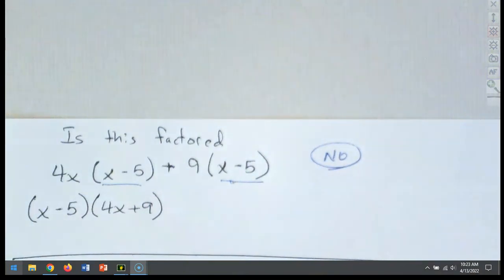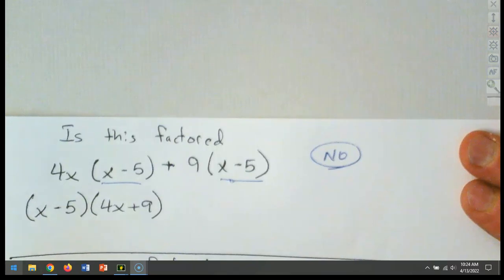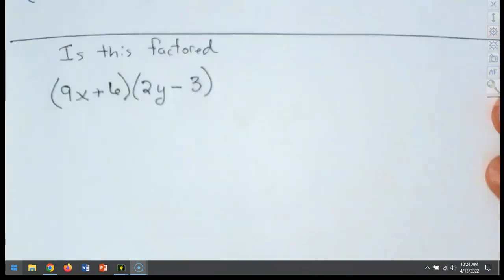Let's try another one. I'll give you one more. And let's see if we think this one's factored. Okay, is this one right here?